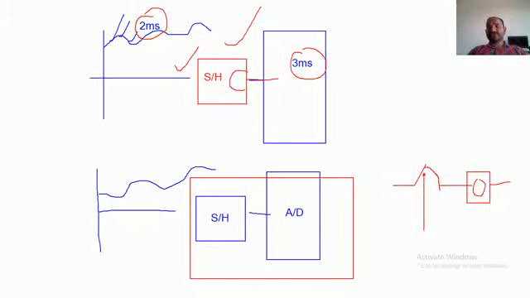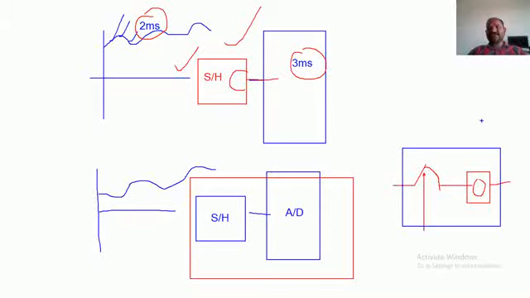With how much rate should it sample the input signal? This entire thing is called the sample and hold circuit, which has an on off switch and one storage element.